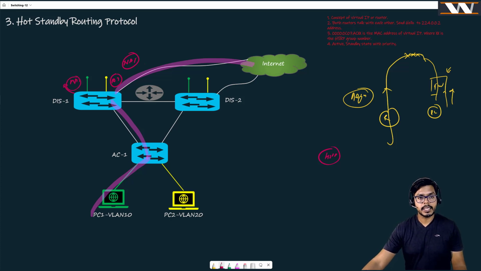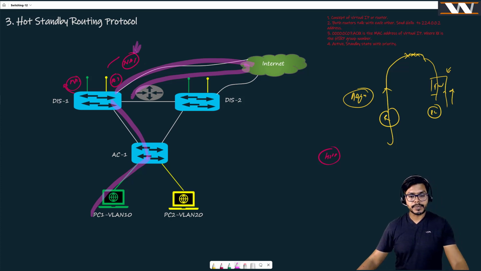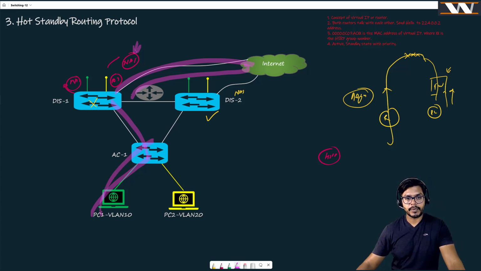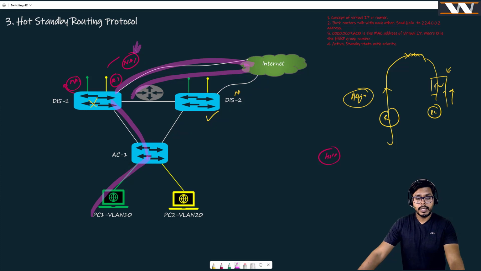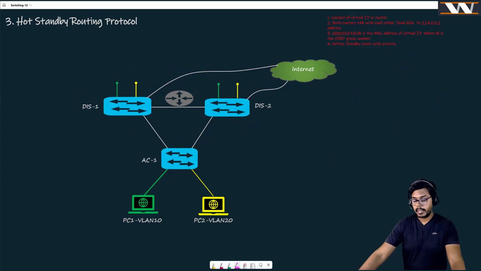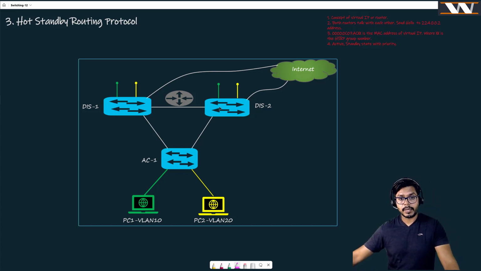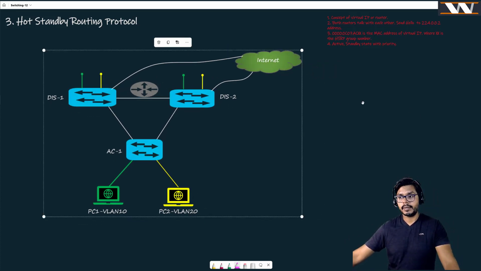So you will be advertising a public IP address. The return traffic will be coming on this switch itself, because the NAT is happening here. But yes, if sometimes this switch goes down and this comes up, then NAT will be here and you will be going out from here. The return traffic will be coming like this only. Okay. So asymmetric routing is not a problem all the time. Asymmetric routing is a problem if a firewall is somewhere.